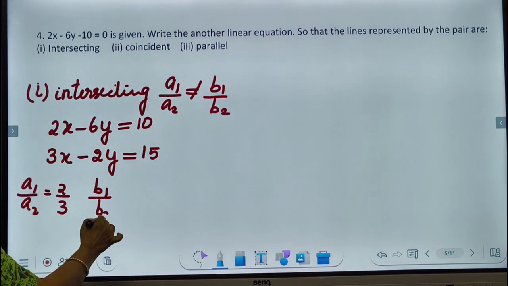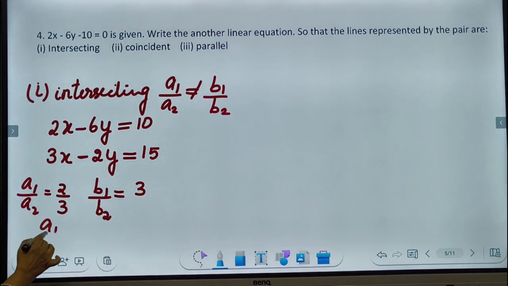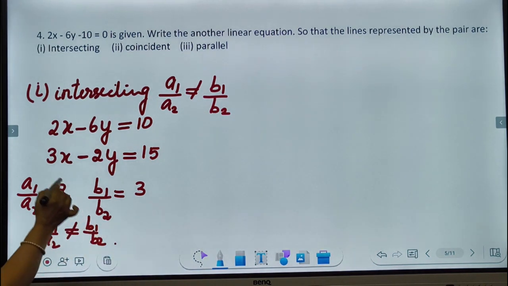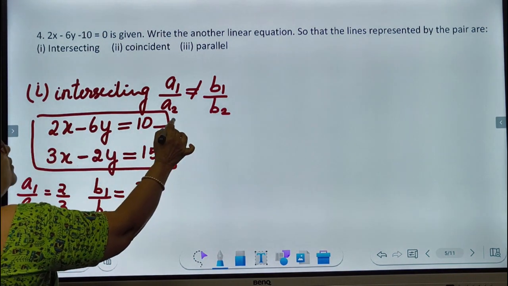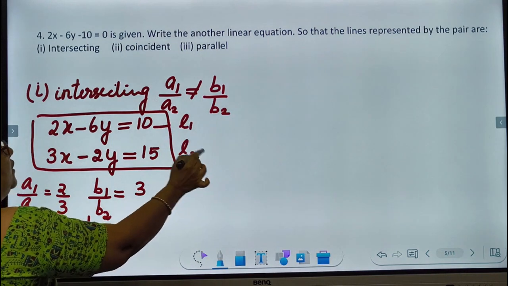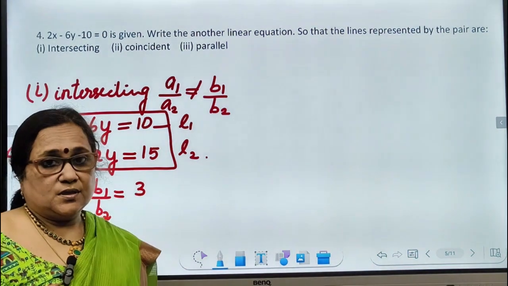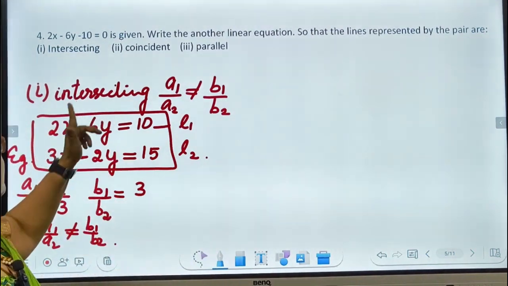B1 by B2 is minus 6 by minus 2, which is 3. So A1 by A2 is not equal to B1 by B2. This is already given as L1, and I am giving L2 as an example of another line. You can give many such examples. I have given one such example where the lines will be intersecting.